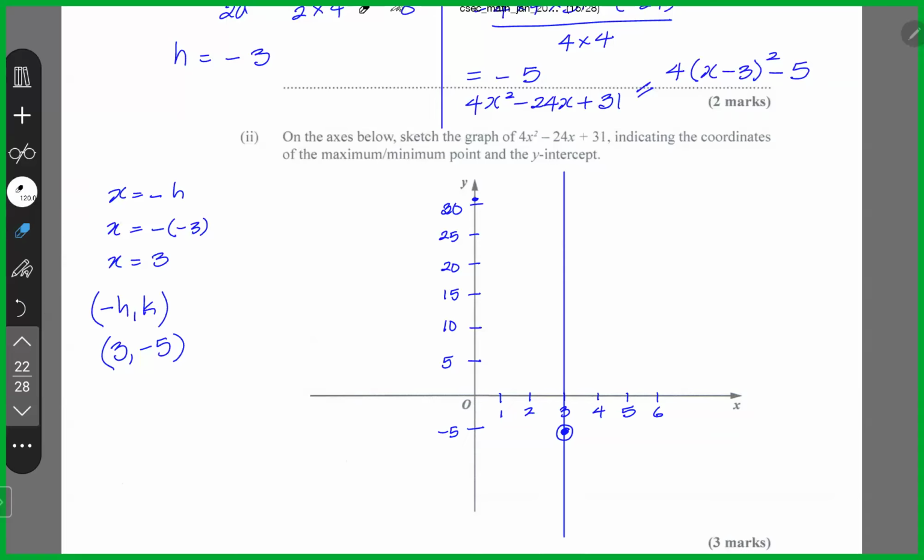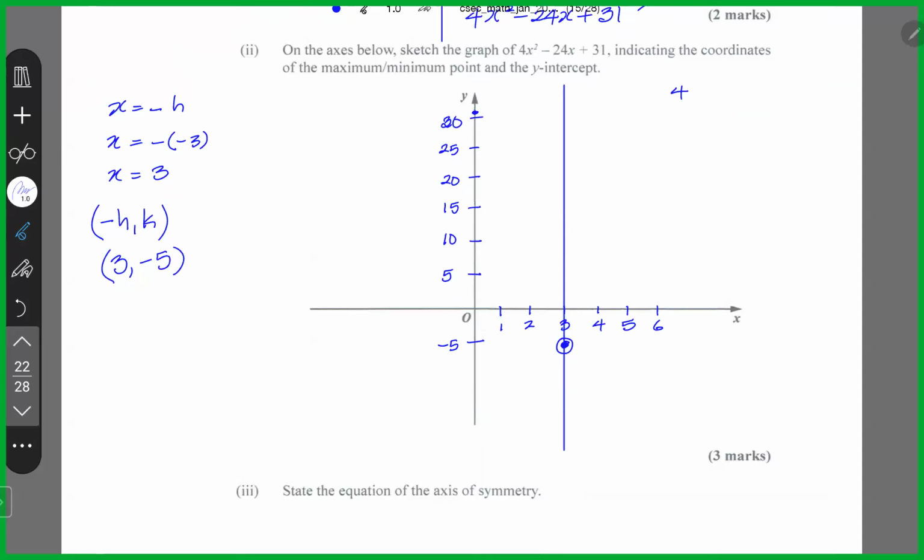All right. Now, we can increase the accuracy of our sketch by finding the x-intercepts. I could do that quickly. That's the values of x for which the function is equal to 0.